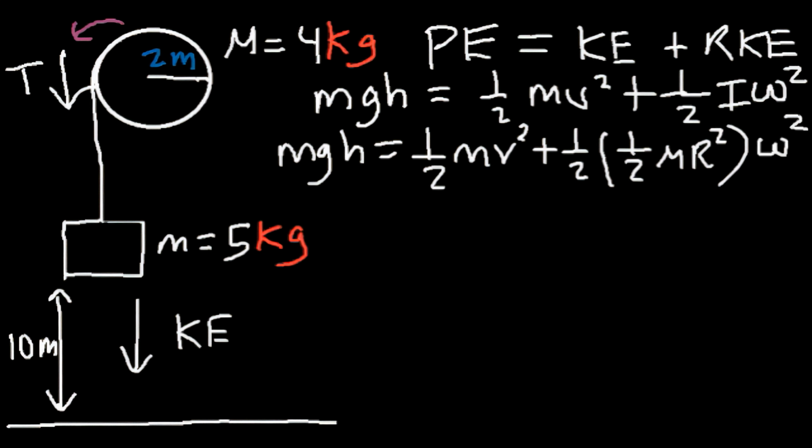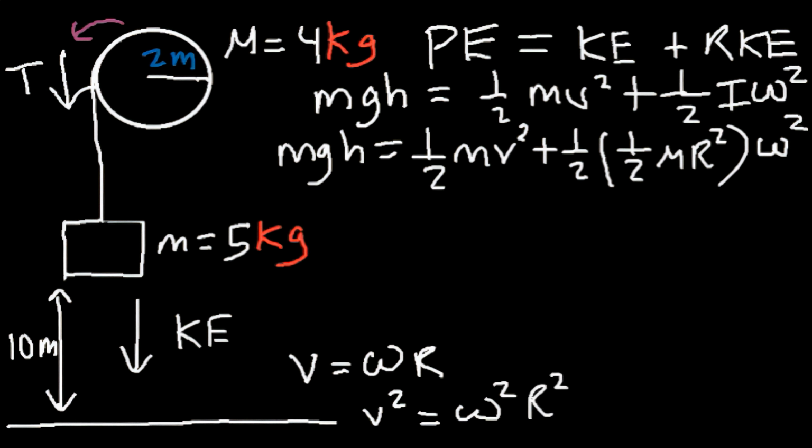Now let's keep in mind that the tangential velocity of the pulley is equal to the angular velocity times the radius. So therefore, v squared is equal to omega squared times r squared. So let's replace r squared omega squared with v squared.